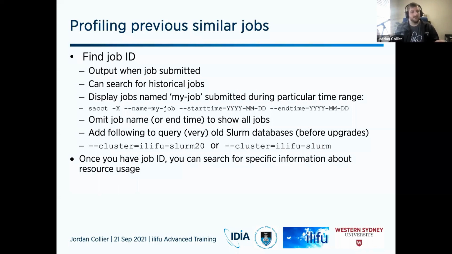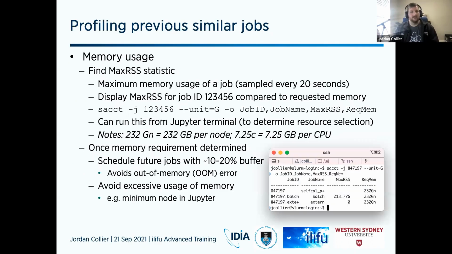Or if you're searching for very old jobs on old Slurm databases before we've done our cluster upgrades, you will also need to provide the cluster argument, either ilifu Slurm 20 or for the older database ilifu Slurm. So once you have your job ID, you can then search for specific information about your resource usage. One example would be the max RSS statistic, which displays the maximum memory usage of a job as sampled by Slurm every 20 seconds.